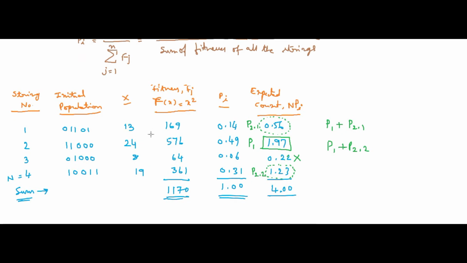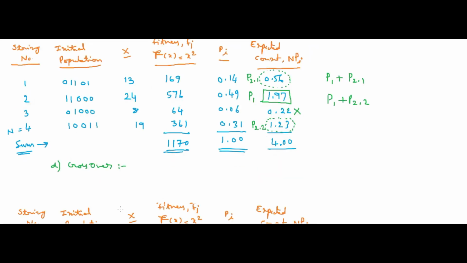Once this part is completed, we need to go ahead with the selection of parents. We have already selected the parents. Now we need to find the crossover on these parents. So this is how this can be done.